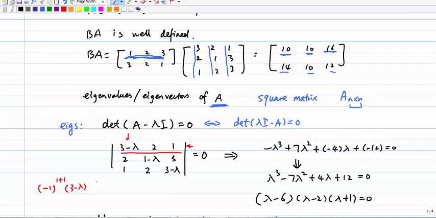Then the remaining is the determinant of the matrix left after you remove the row and the column this entry is on, so we have 1 minus lambda, 3, 2, 3 minus lambda, and plus the second entry.